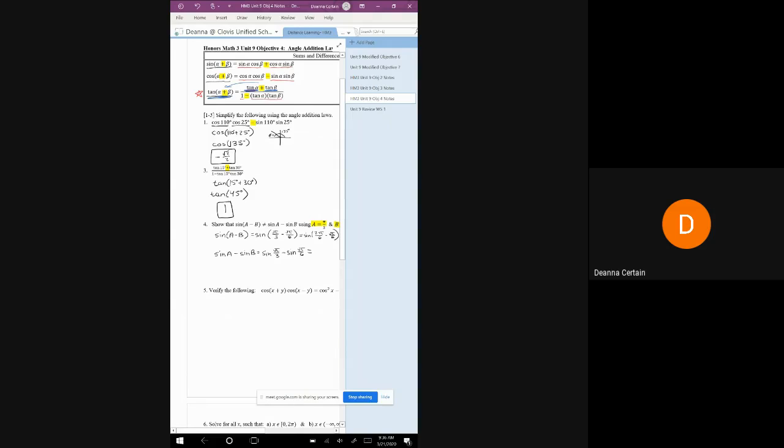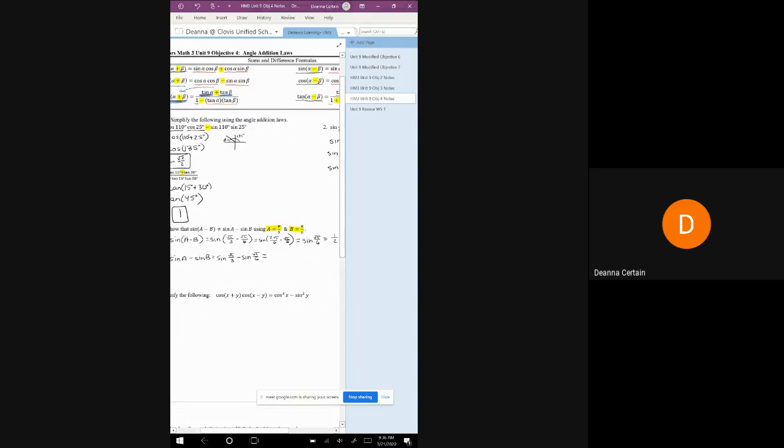Both of those we know, they're both in the first quadrant. Pi over 3 is equivalent to a 60-degree angle. Sine is root 3 over 2. Sine of pi over 6, 30-degree angle, is equivalent to 1/2. And root 3 over 2 minus 1/2 is root 3 minus 1 over 2. And 1/2 does not equal root 3 minus 1 over 2.